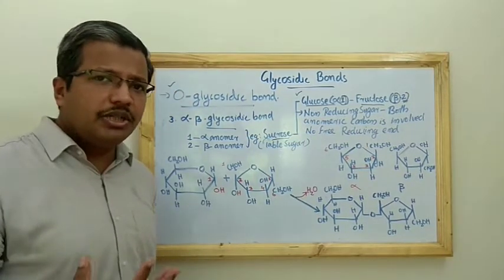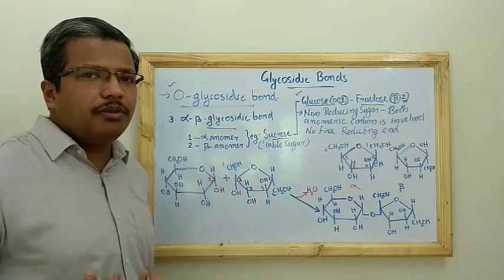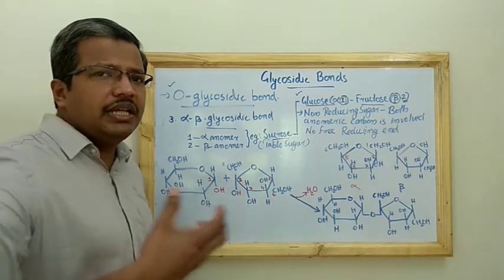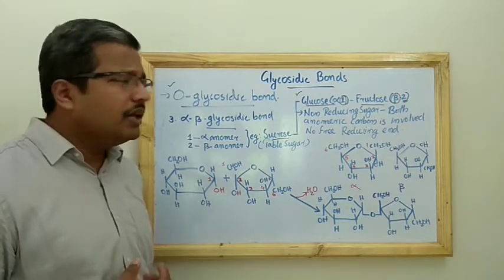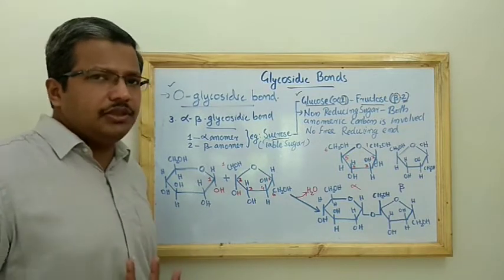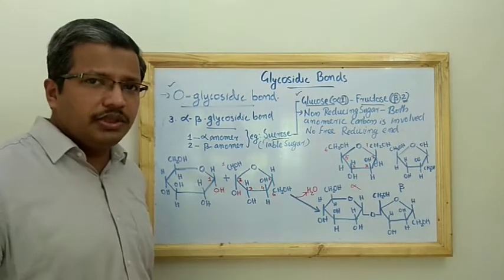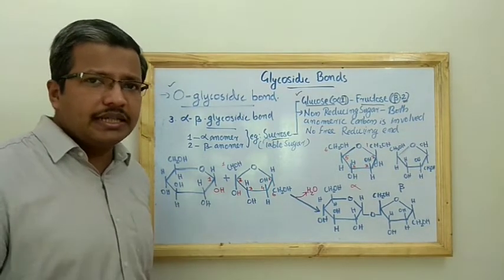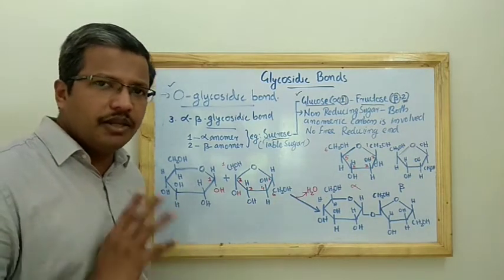What is meant by reducing and non-reducing sugar? If a sugar is capable of reducing any other ions, you can say cuprous, cupric, etc., then it will be known as a reducing sugar. A sugar can act as a reducing sugar only if the anomeric carbon is free.